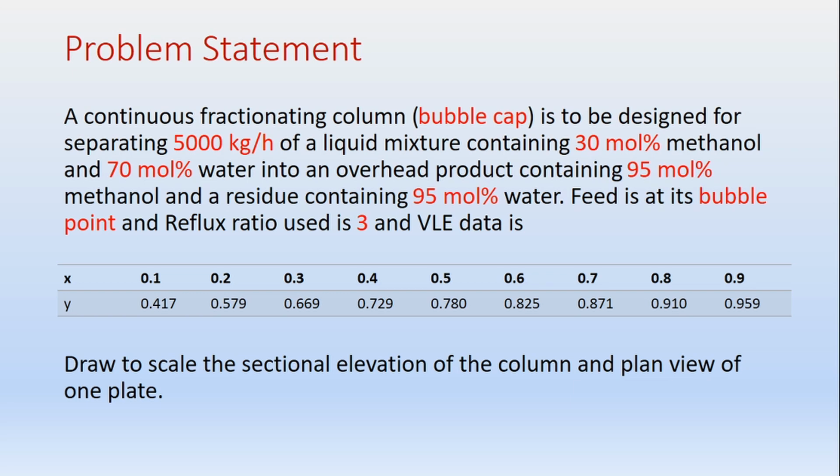It is a saturated liquid feed, and the reflux ratio used is 3. The VLE data is given, and we have to design various aspects and then draw the sectional elevation, and the details of one plate have to be shown in this. So this is the problem statement.